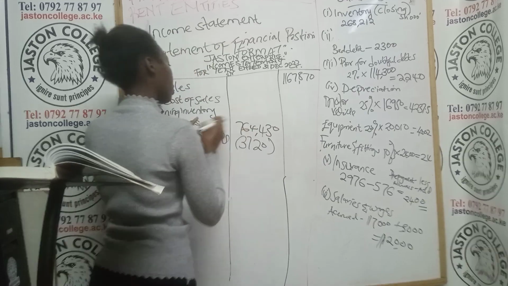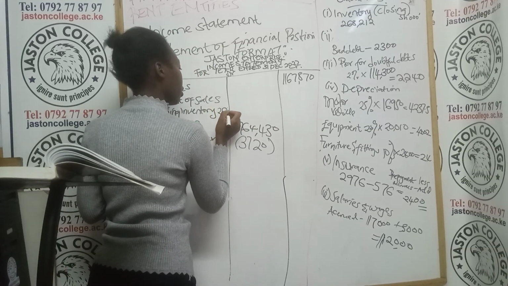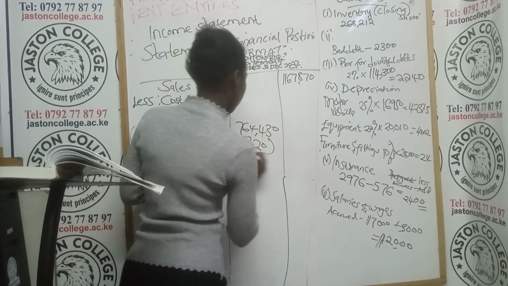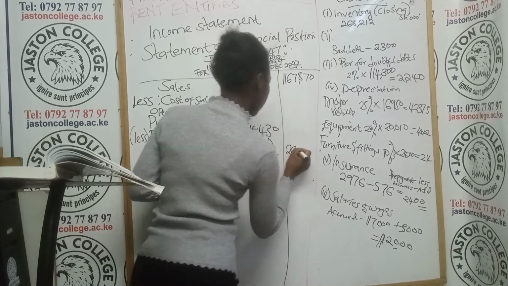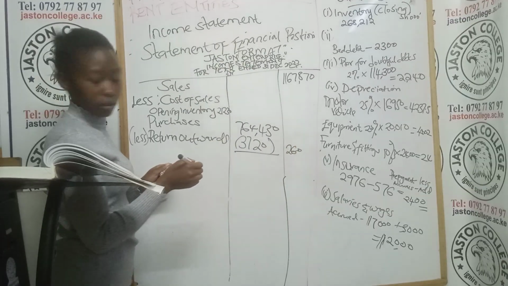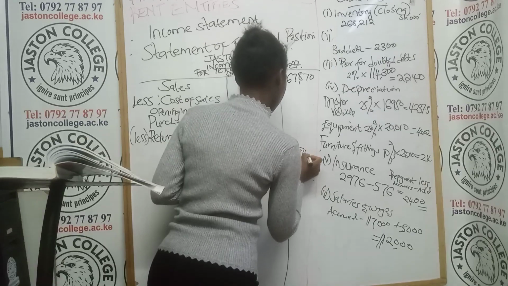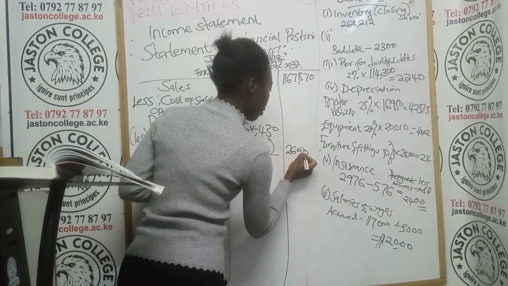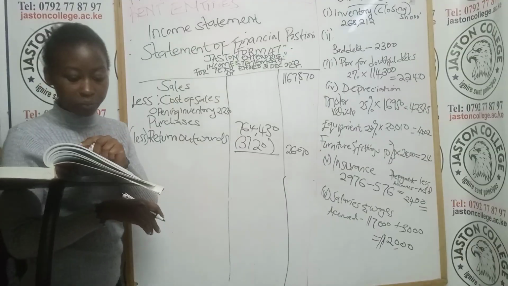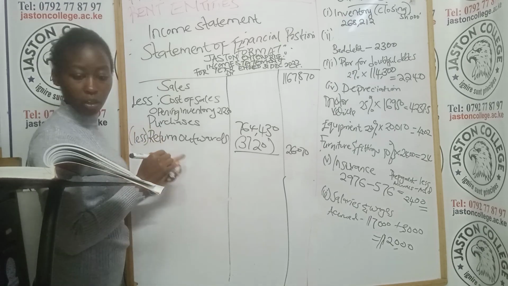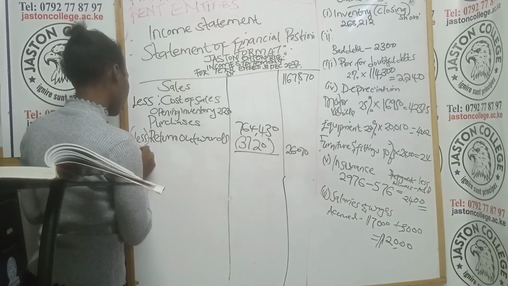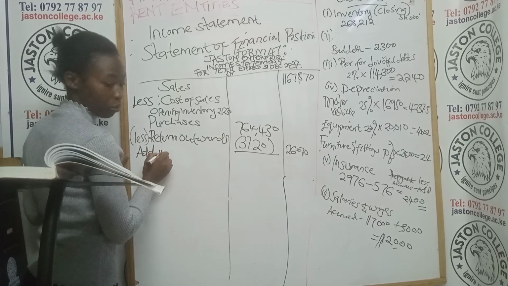21 to that. Then we less this 260, 710. Now we are going to add our carriage inwards.